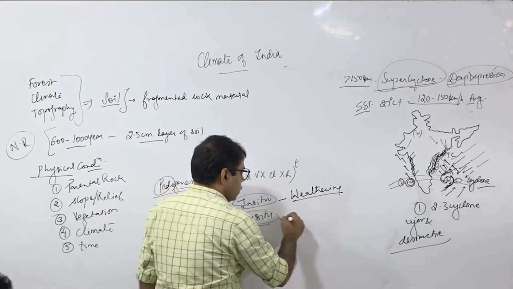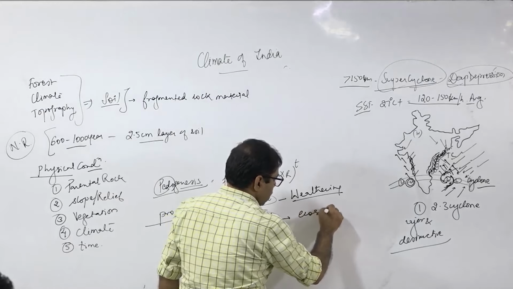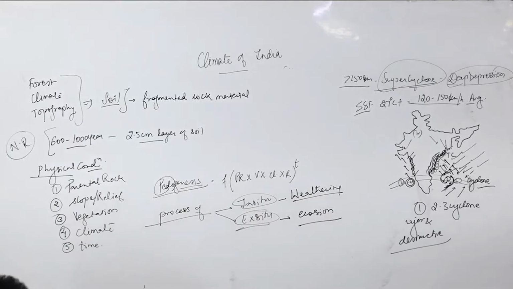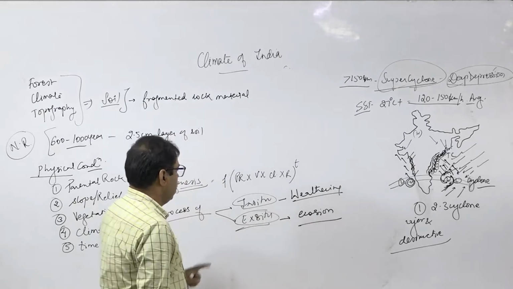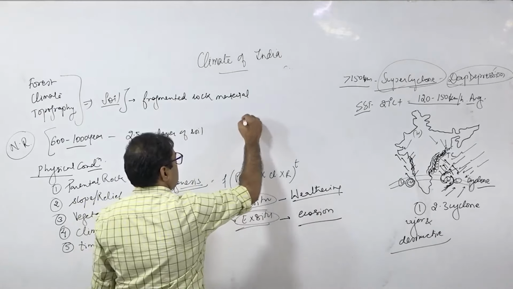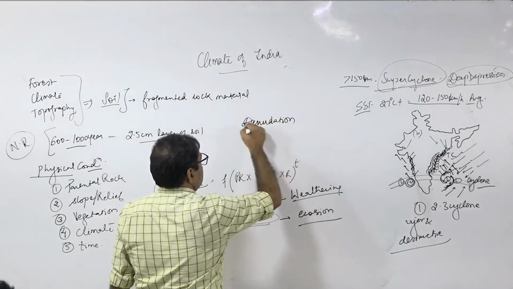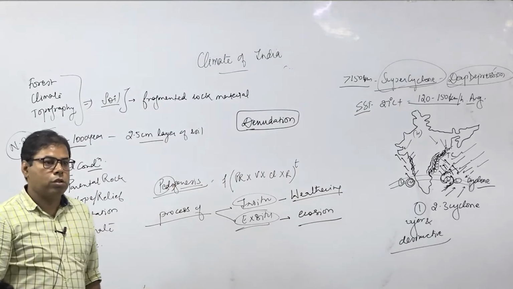Ex situ action is the erosion, is the ex situ action for the formation of soil, right. So also the process of denudation is known for the action for the origin or the formation of soil.